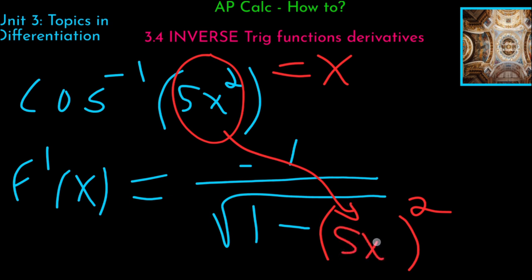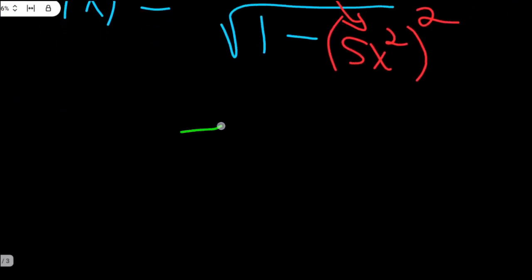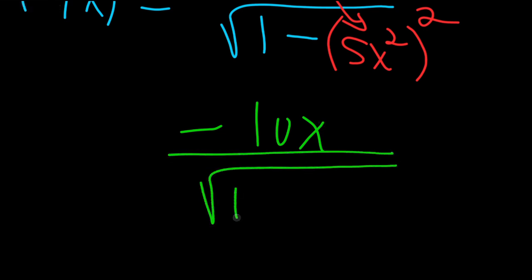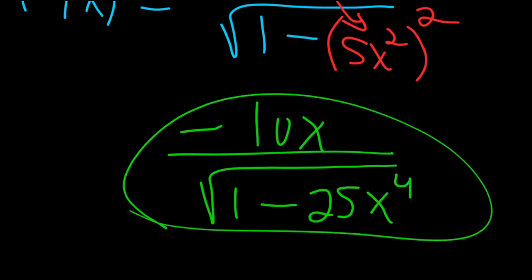Then we always have to incorporate our chain rule. The derivative of 5x squared is 10x, so we multiply this whole thing by 10x, and our final answer is going to be negative 10x over square root 1 minus 25x to the 4th. And that is our answer.